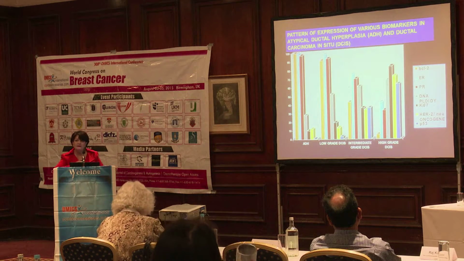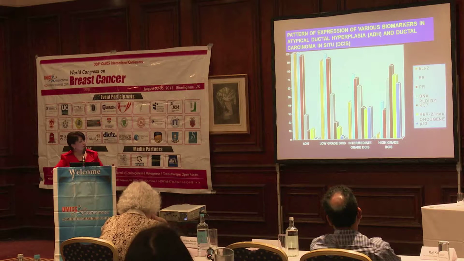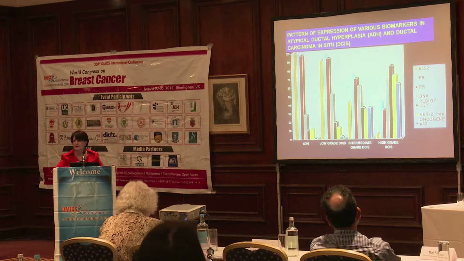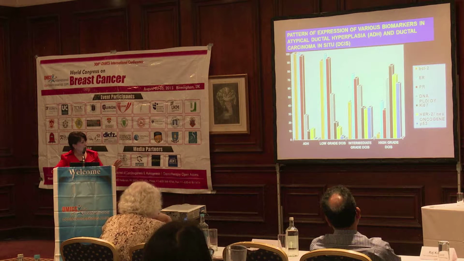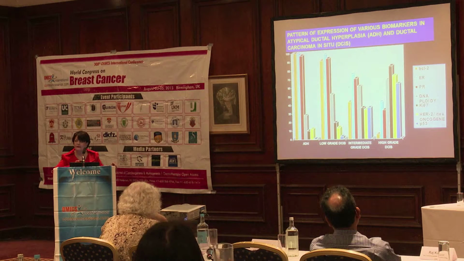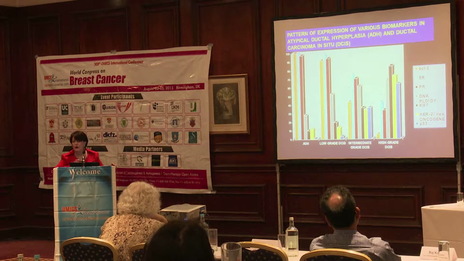And you can clearly see that high-grade ductal carcinoma in situ's pattern of biomarker expression is very different from the rest. They are often HER2/oncogene positive, hormone receptor negative, and they have a high proliferation rate, whereas in low-grade DCIS and atypical ductal hyperplasia, they're often HER2/oncogene negative, hormone receptor positive, and they have a low proliferation rate. And you can also see a similarity between low-grade DCIS and atypical ductal hyperplasia.